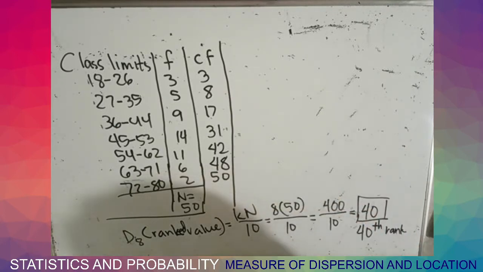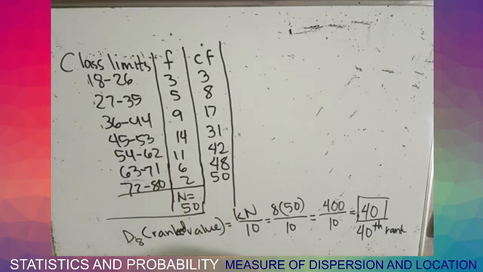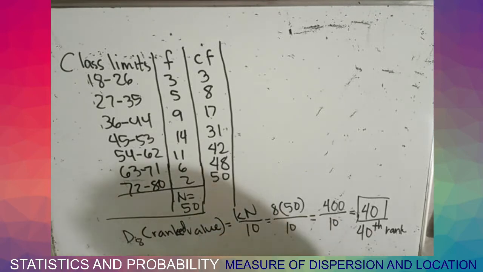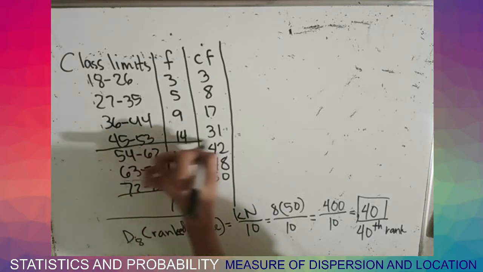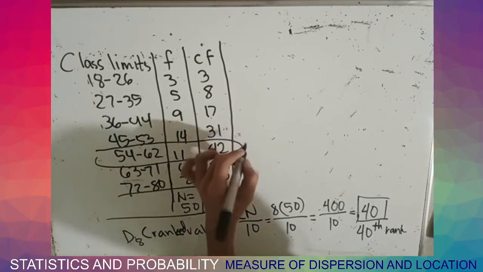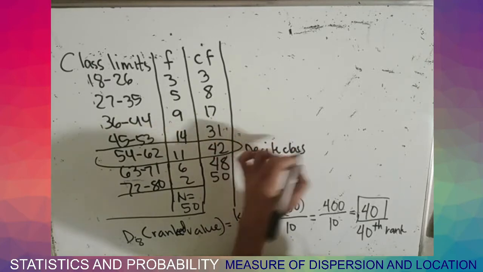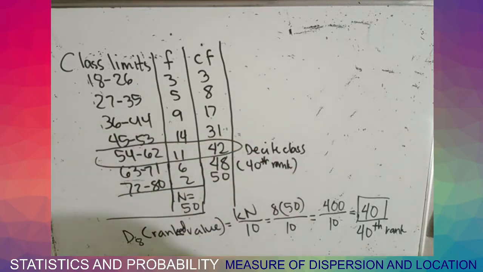Okay. So what is the decile class ng ating frequency distribution table? Okay, dito sa part ni 42. Since greater than or equal to 40 yung ating 42, it will be the decile class for the 40th. Next.